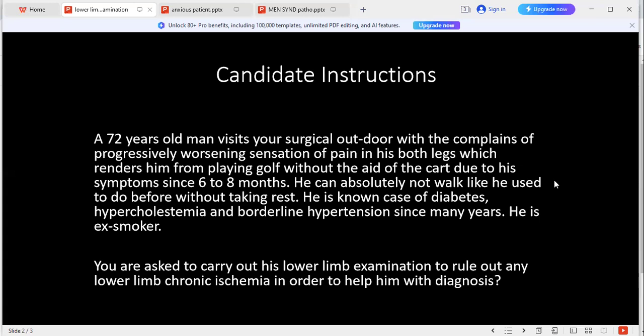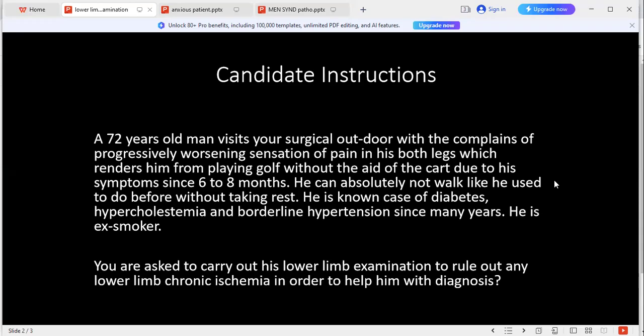How would you differentiate vascular ischemia from a neurological condition? In neurological conditions, there would be alteration in the reflexes.